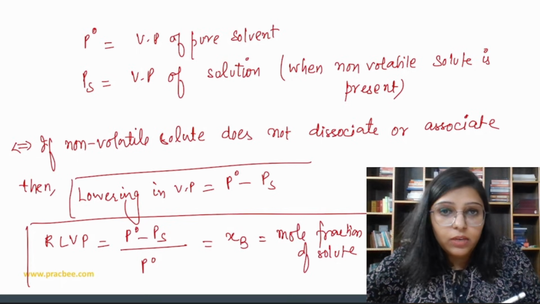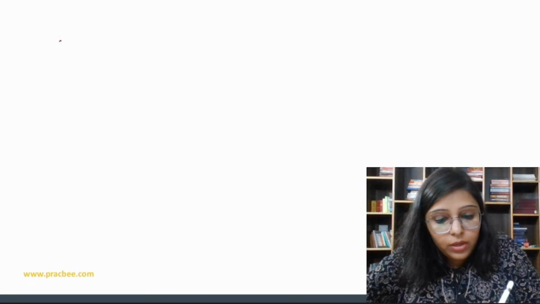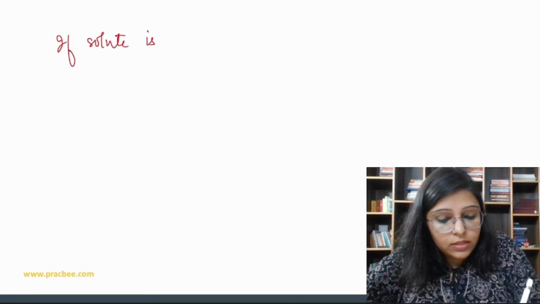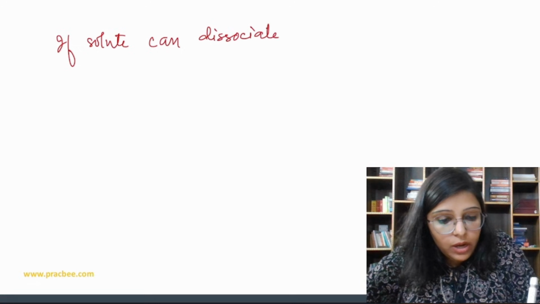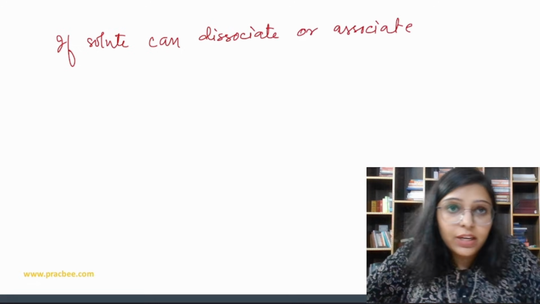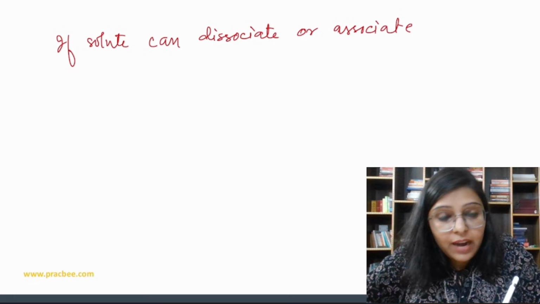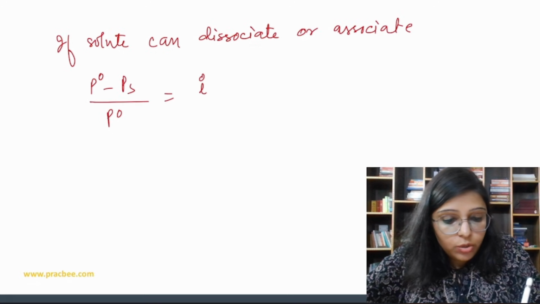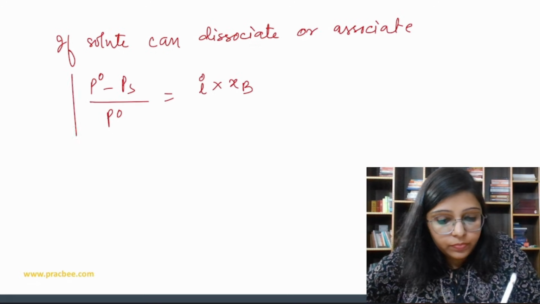So this is the RLVP formula. Above one is the lowering in vapor pressure. Now if the solute can dissociate or associate, then we have abnormal colligative property. So we have to introduce the Vant-hoff factor for that. So P naught minus PS upon P naught is equal to i into XB.